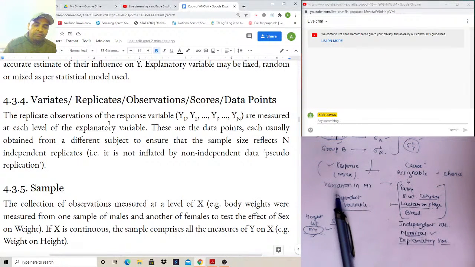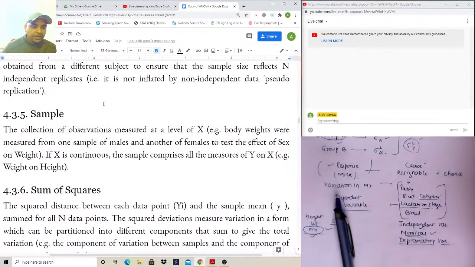Then at fifth parity, how much they are producing. So at each level of explanatory variable you have replicates of observations, right? These are the data points, each usually obtained from a different subject to ensure that the sample size reflects independent replicates, and it is not inflated by non-independent data or pseudo replication, right?